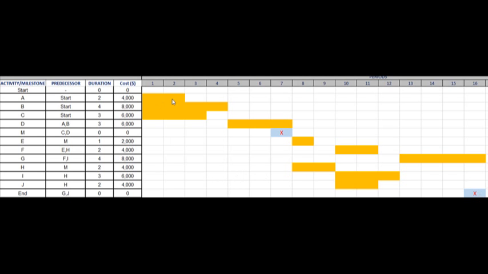If we look at A, I've got 2 periods of float because although D is dependent upon A and B completing, B appears to be the critical path activity.